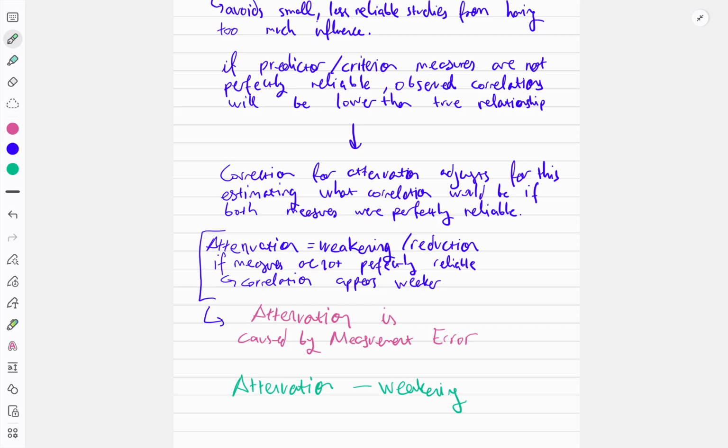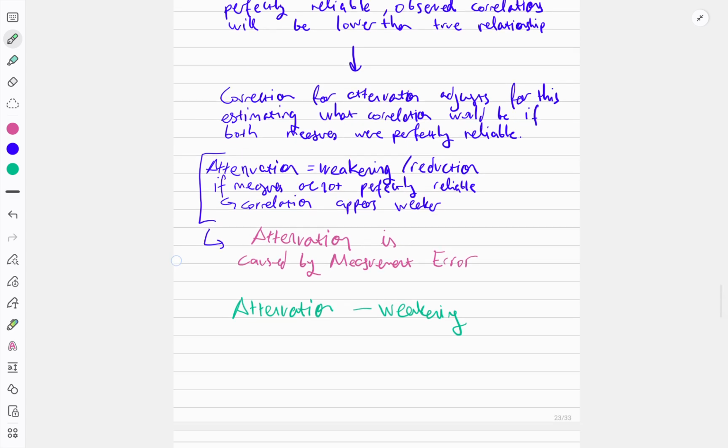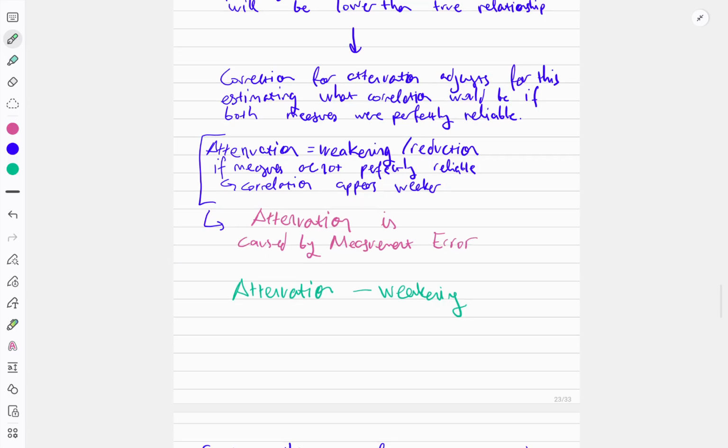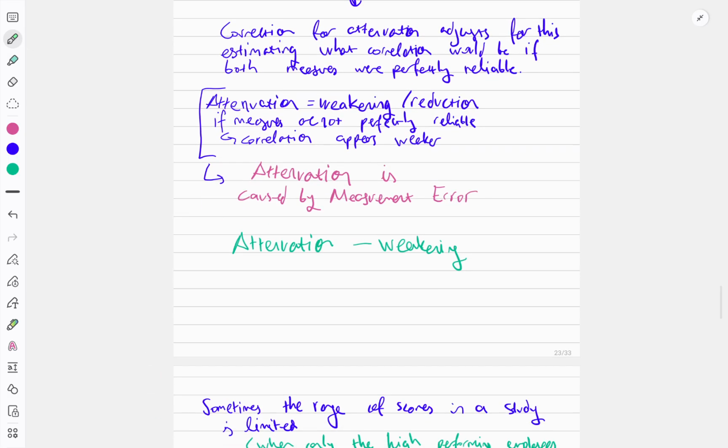If measures are not perfectly reliable, then the correlation appears weaker. This is just what's happening. Attenuation happens when our measures are not perfectly reliable and our correlation is weaker. So attenuation is caused by measurement error.